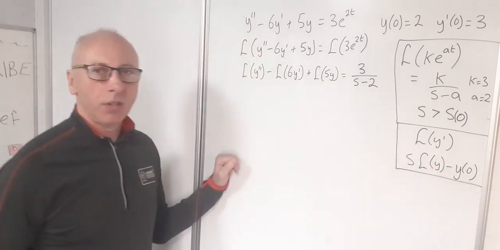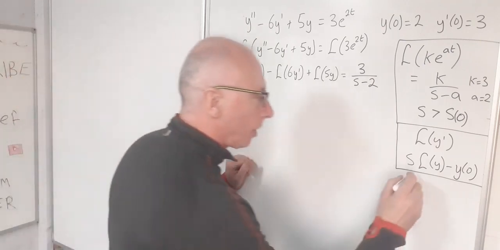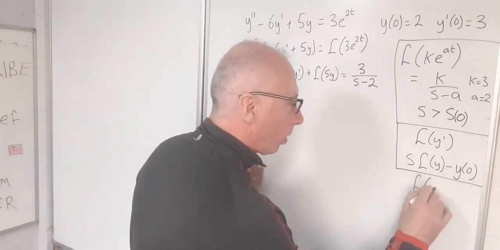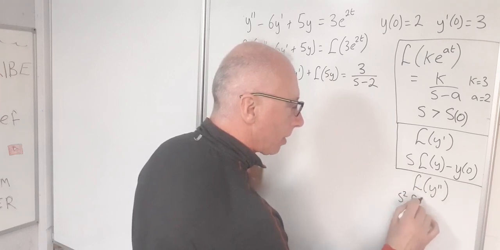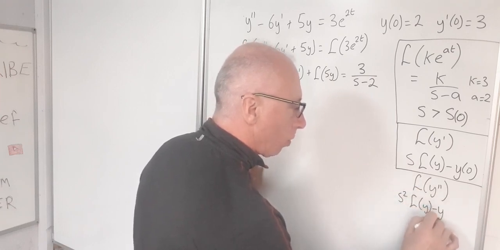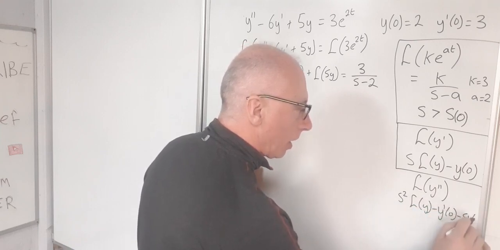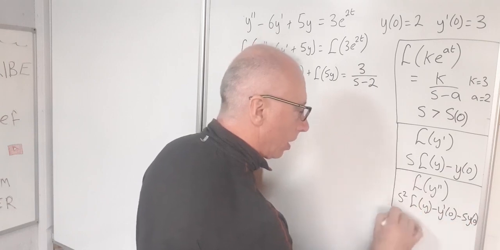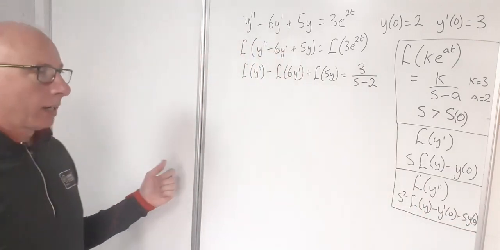So that's the value of our first derivative in Laplace transform. Now the second derivative, let's write that one here, y double prime. That one is s squared Laplace of y minus y prime at 0 minus s y at 0. Okay, so we just got that there in that box quite nicely.